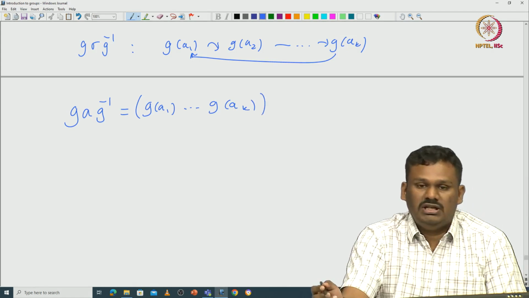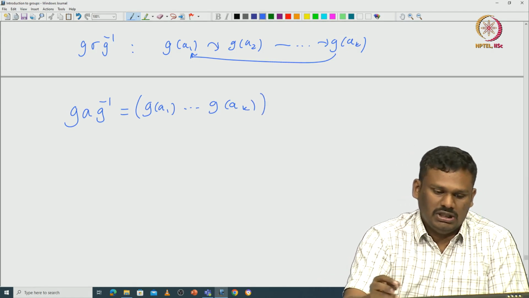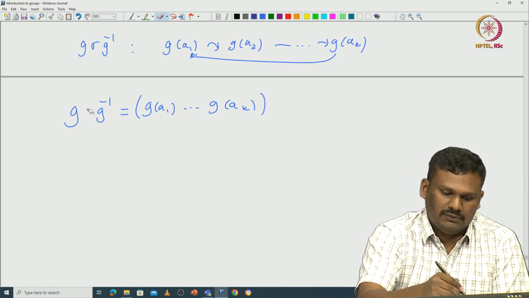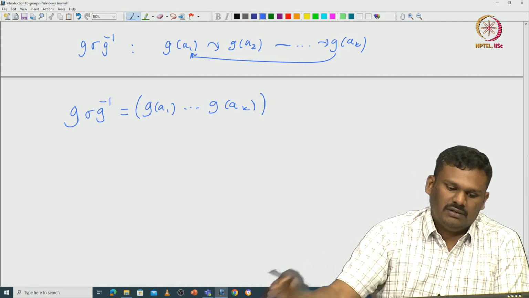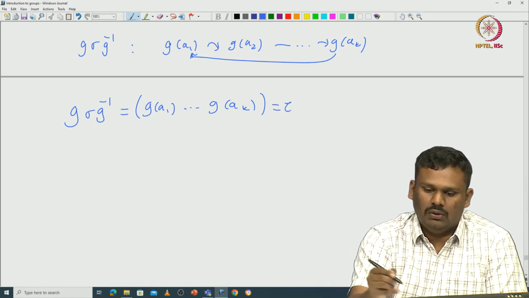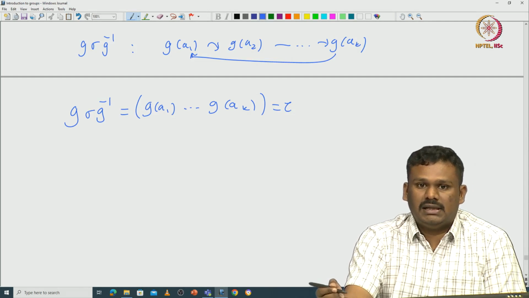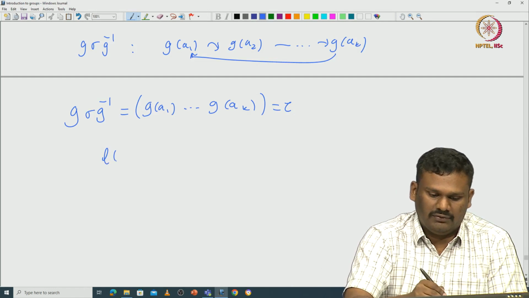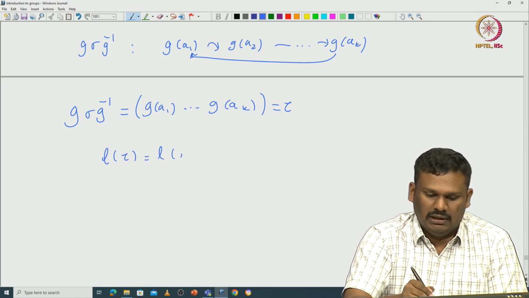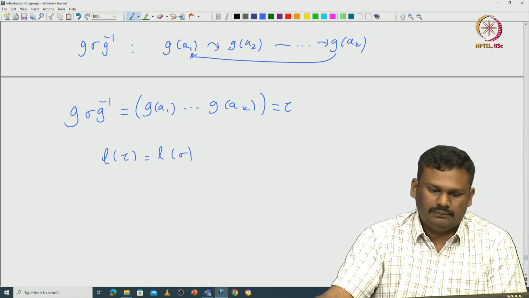So, now if g sigma g inverse is equal to tau, then it clearly says tau is also a cycle of length k. So, the length of tau is the same as the length of sigma. Okay.